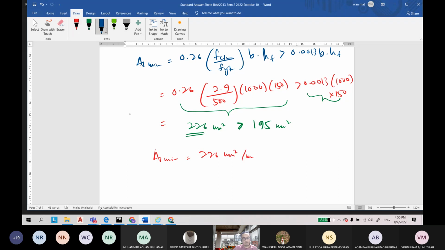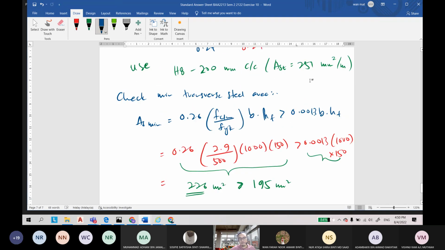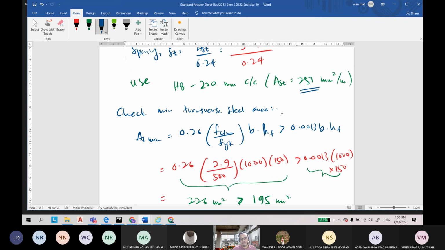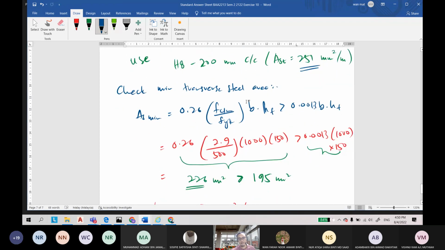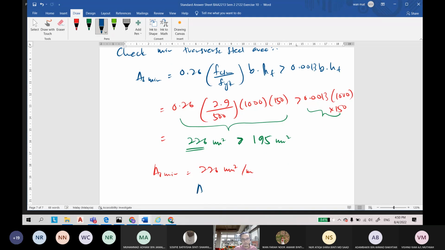So what we provided earlier, 251, is greater. So it's okay. AST equal to 251 millimeter square per meter is greater than AS minimum, so it's okay.